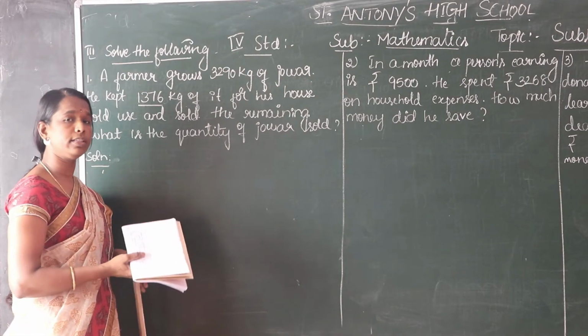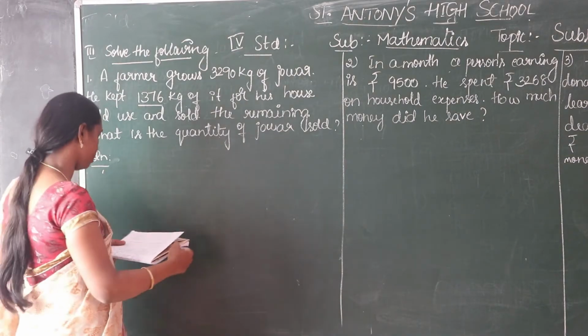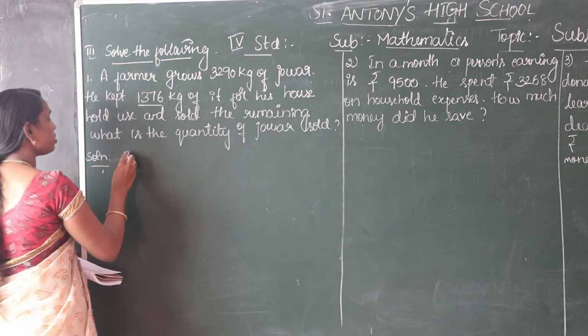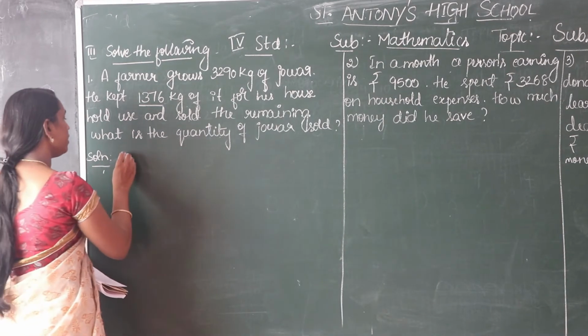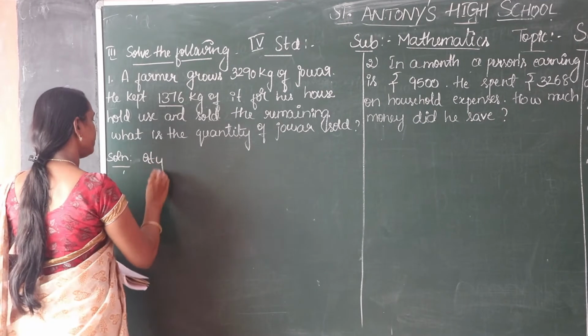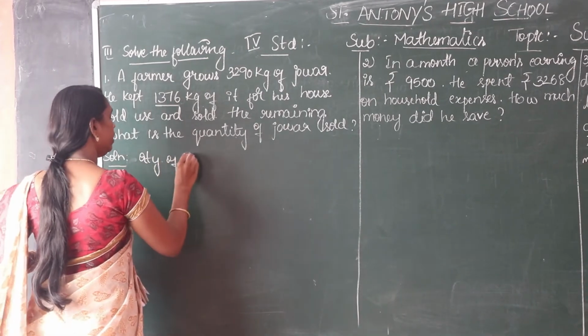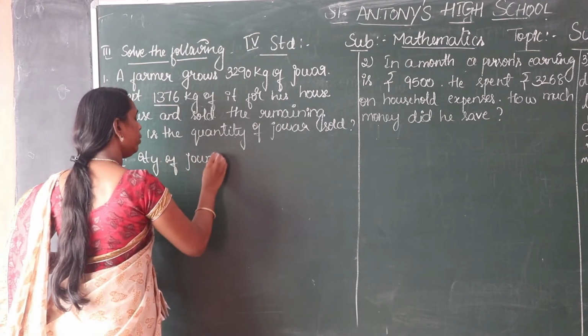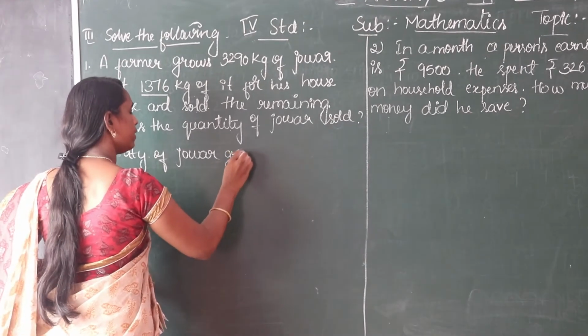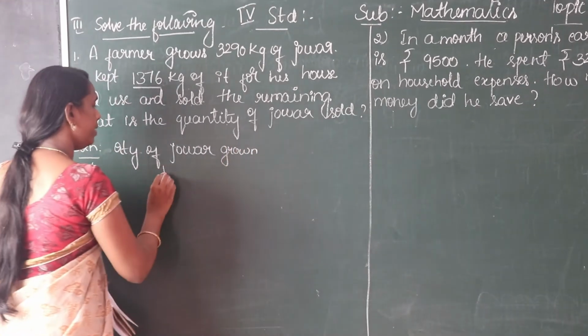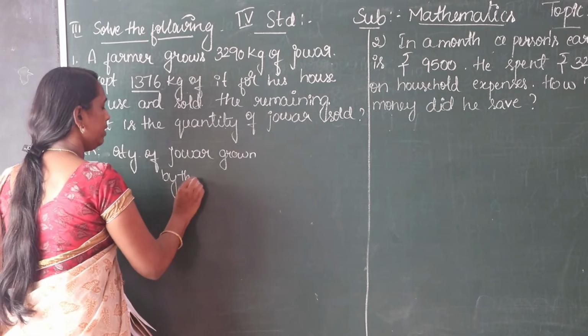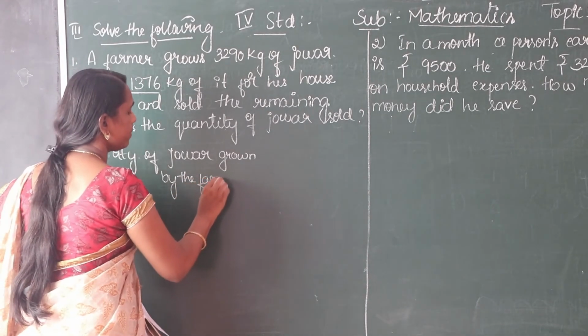Okay. So for that solution we have to write in the left column: quantity of jowar grown by the farmer. How much?